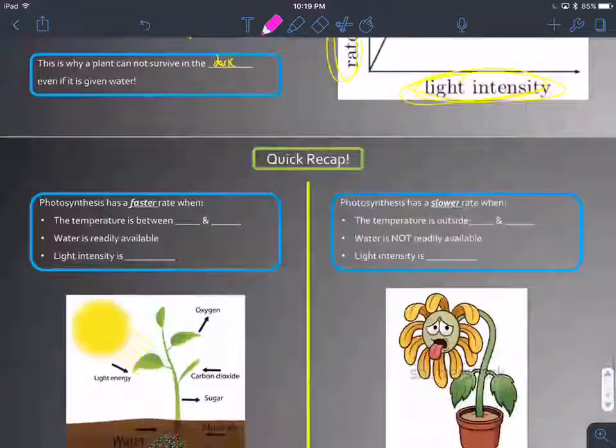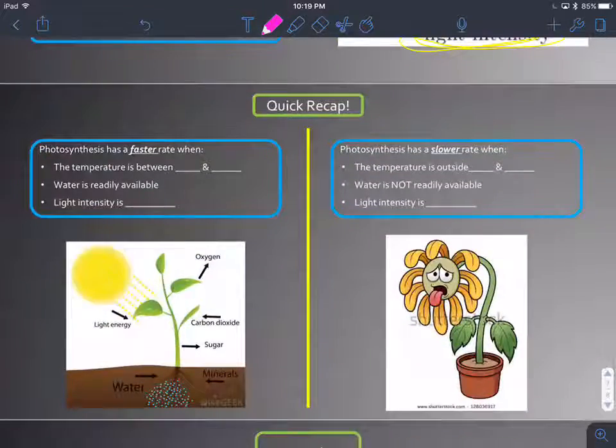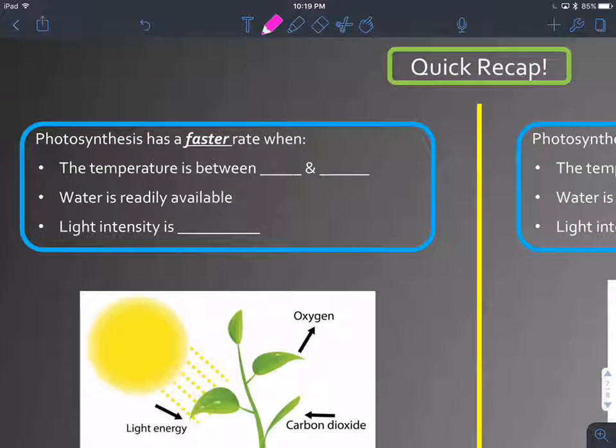All right, that pretty much sums it up. So this is just a real quick recap. When you guys are doing your group work, you'll see that this is a pretty good area to go reference once more. And just remember that photosynthesis has a faster rate when all of these conditions are met: when the temperature is between 32 degrees and 95 degrees Fahrenheit, when water is readily available, when light intensity is high.